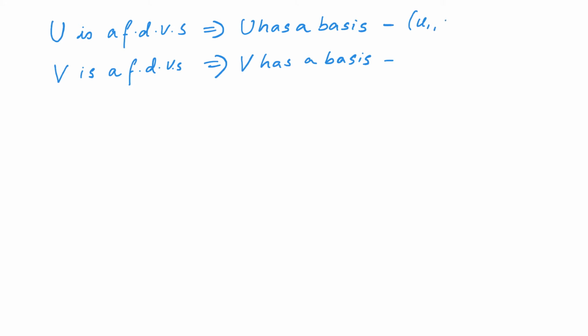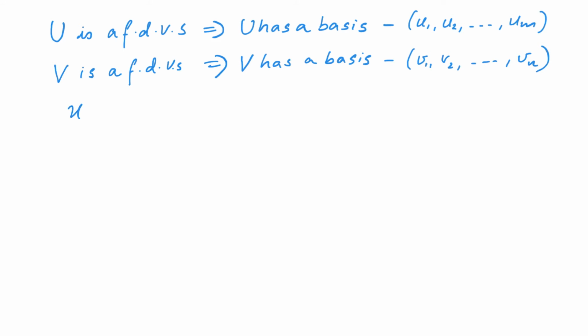Let u1, u2, etc. up to um be a basis of U. Similarly, as V is a finite dimensional vector space, V has a basis. Let v1, v2, etc. up to vn be a basis of V.